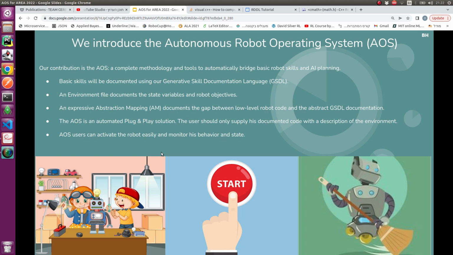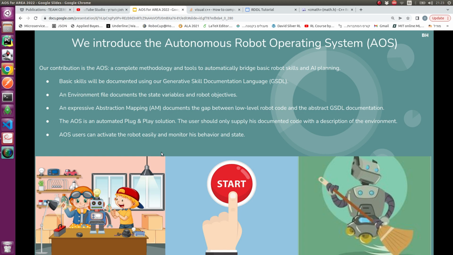And we also have an environment file to describe the state variables and robot objectives. To answer the problem of the gap between robot code and the planning model, we have the abstraction mapping to document this gap.